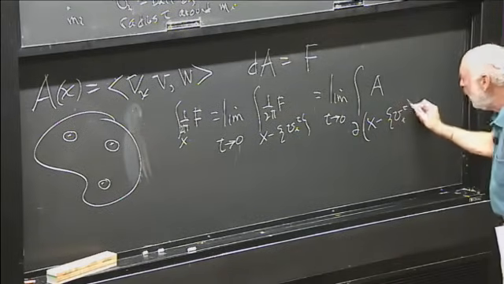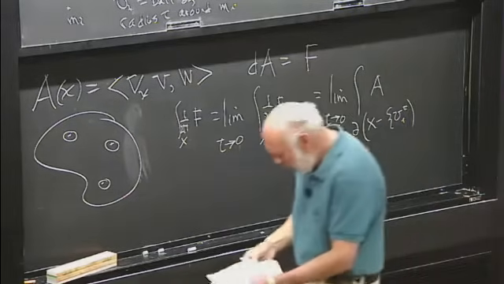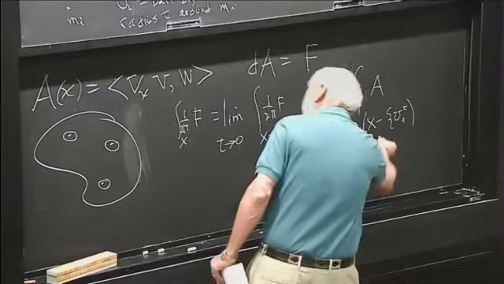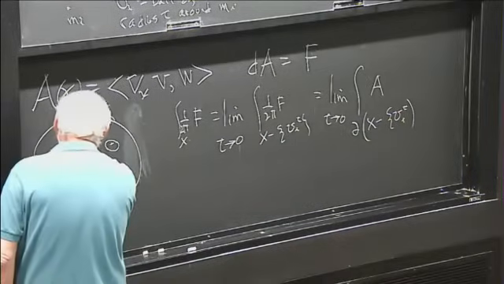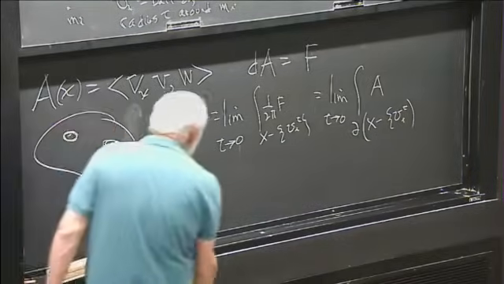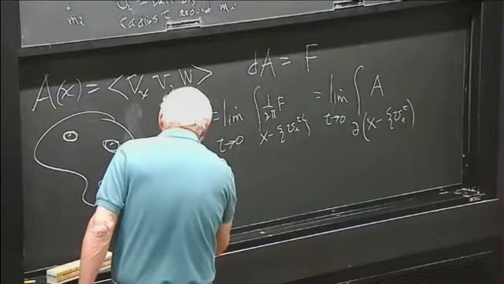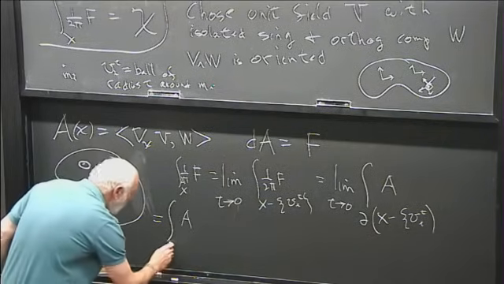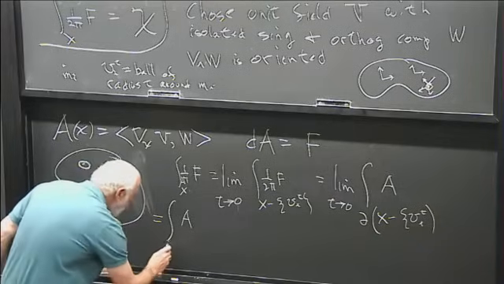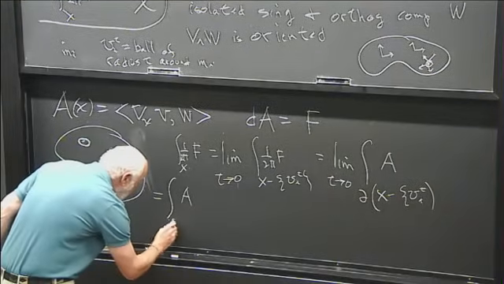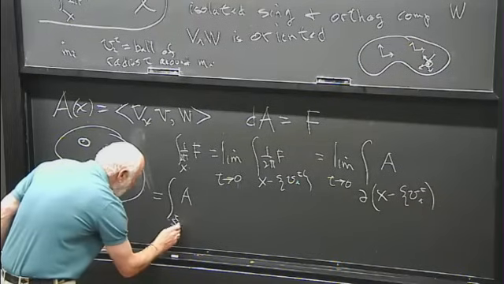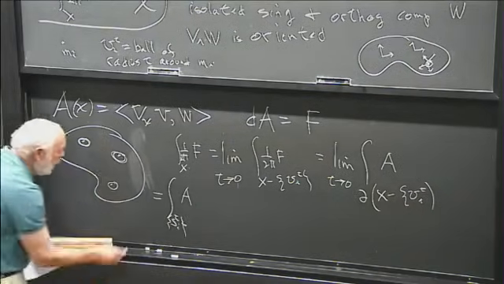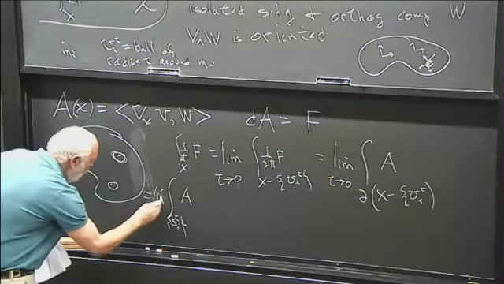Now the boundary of this collection of balls is a collection of spheres, or a collection of circles in this case. So this is really equal to the integral of a over a bunch of circles, S up a t sub i, because that's the boundary of all this, just these circles, and the limit as t goes to 0.